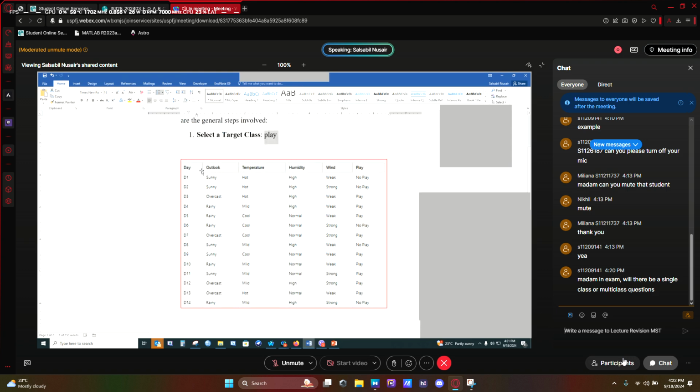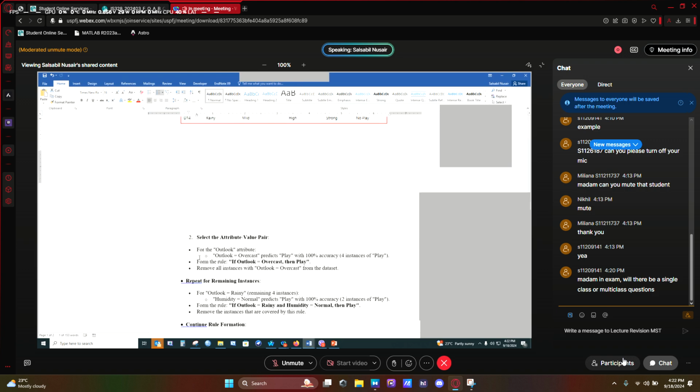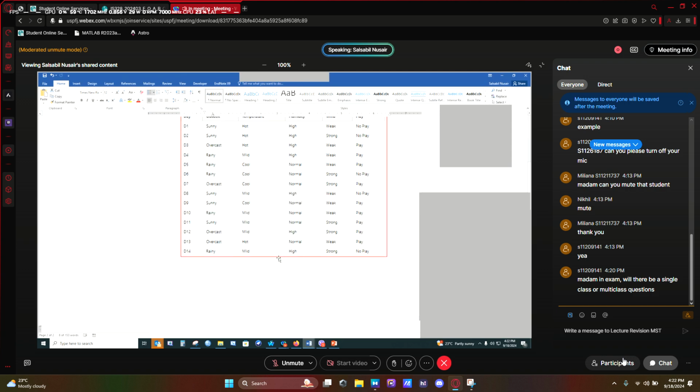So for the predictor Outlook, you look at what the possibilities are, and depending on that, you display how many of those possibilities have the outcome play from the overall list. Here, they're saying that if you look at Outlook, overcast predicts play with 100% accuracy. How did they get 100% accuracy? Let's take a look at overcast.